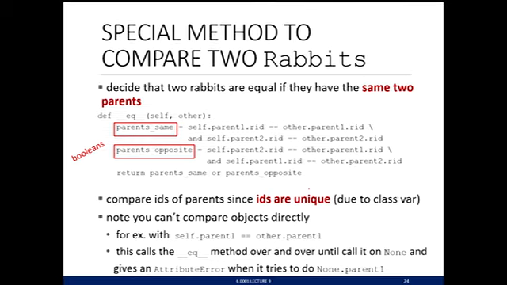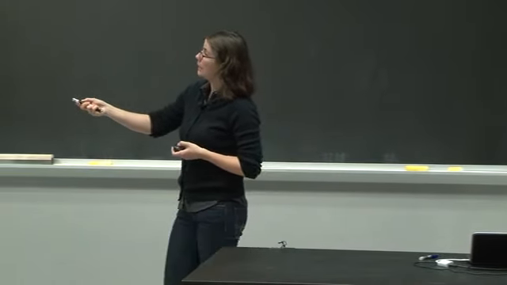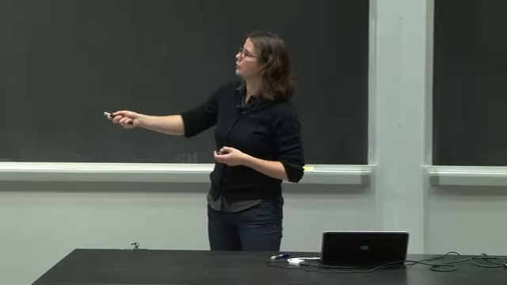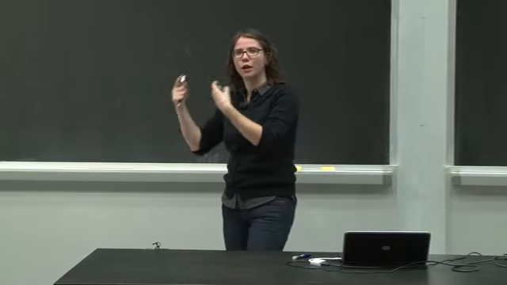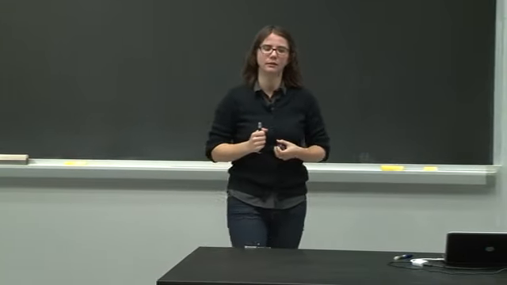Here notice that I'm actually comparing the IDs of the rabbits as opposed to the rabbit objects directly. If instead of comparing the IDs in here, I was comparing the parents themselves directly, what would end up happening is this method, __eq__, would get called over and over again because the parents are rabbits.